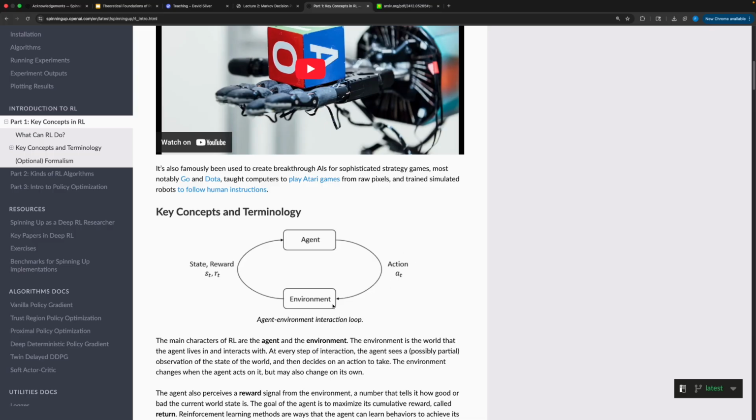The environment processes this action and returns the next state for the agent and the reward for this step. And this cycle keeps happening from an initial start state to a terminal state if the trajectory is finite. So this is basically a simple agent environment interaction loop.